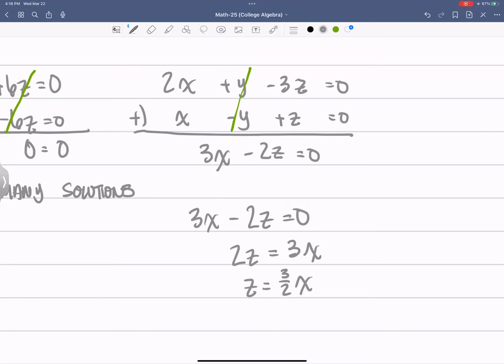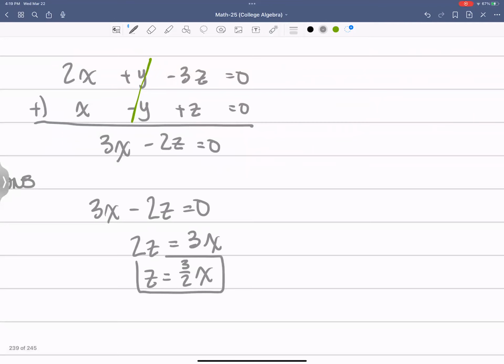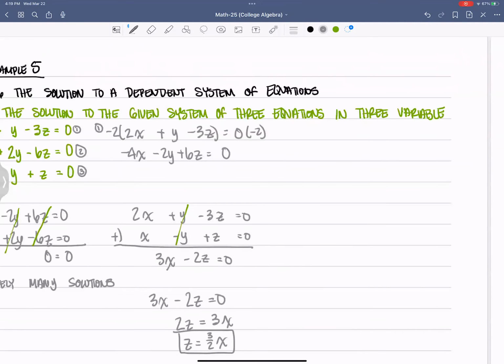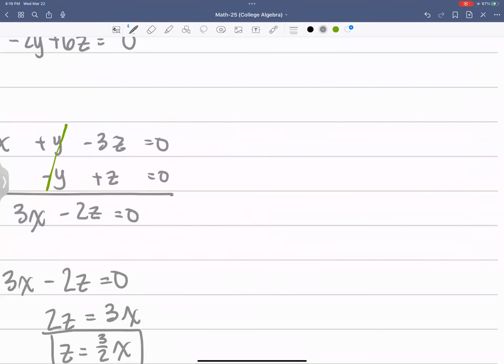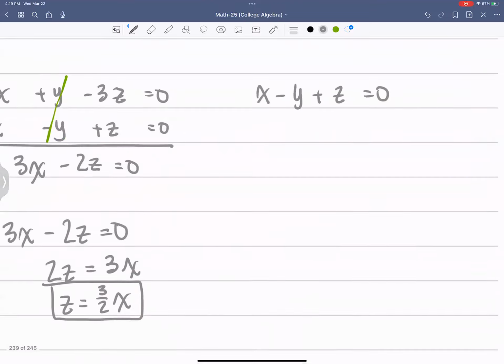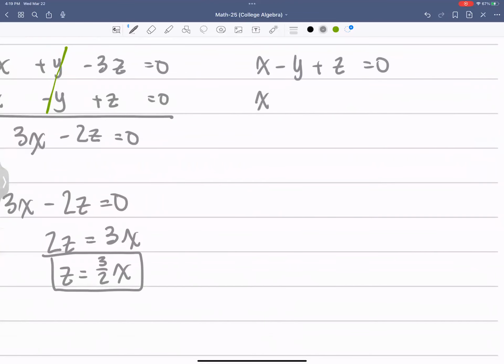So far we have x and we have z. Let's figure out what y is. We could use any one of these equations. Let's use this last one: x minus y plus z equals 0. We found that z is 3 over 2 x.